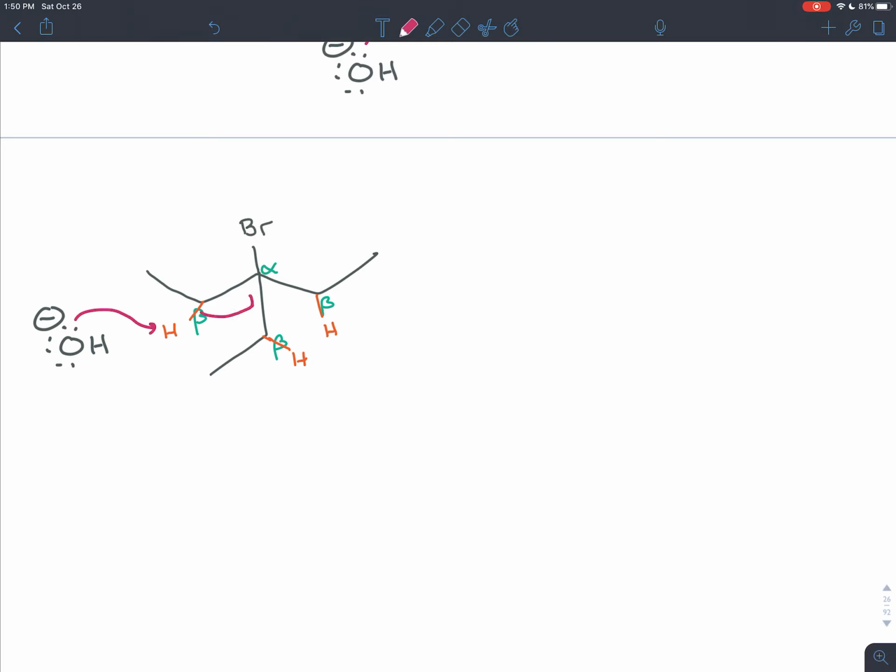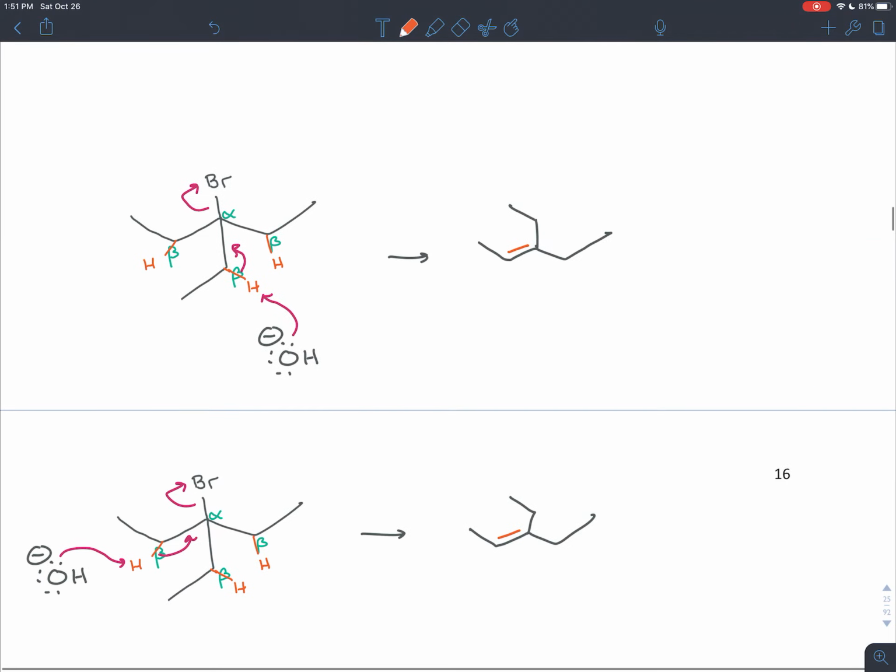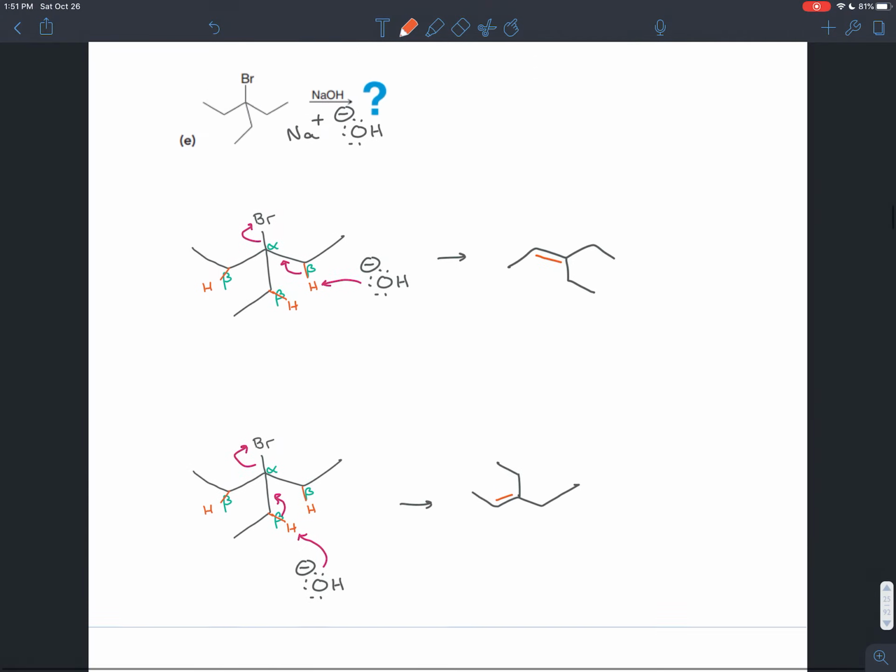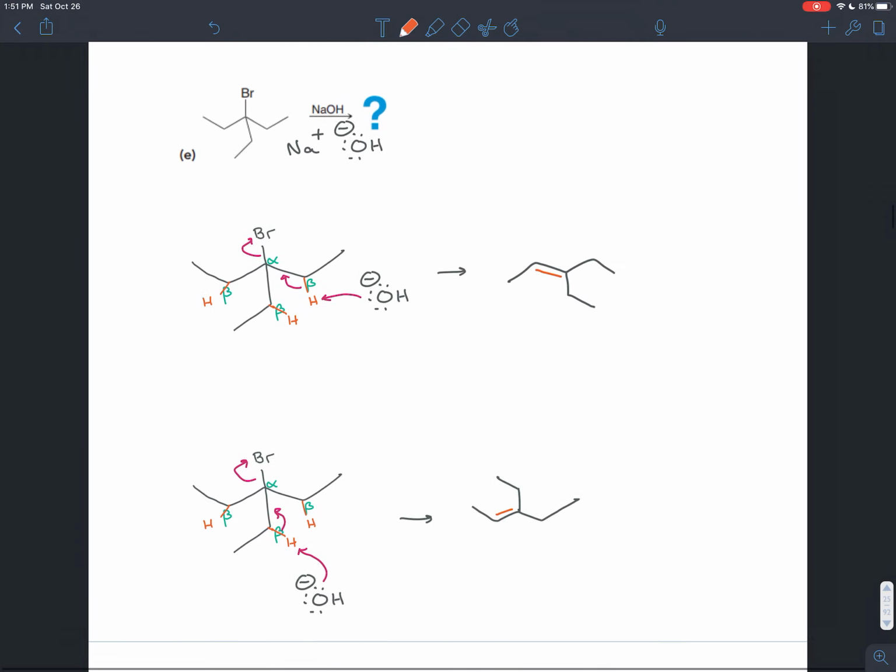If you take that hydrogen, it goes to form a pi bond toward the leaving group, kicks the leaving group off, and so we get that similar looking thing. So in each of these cases, we only get one product. They are all the same product.